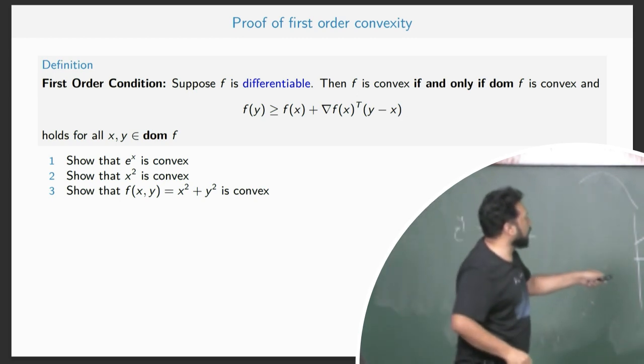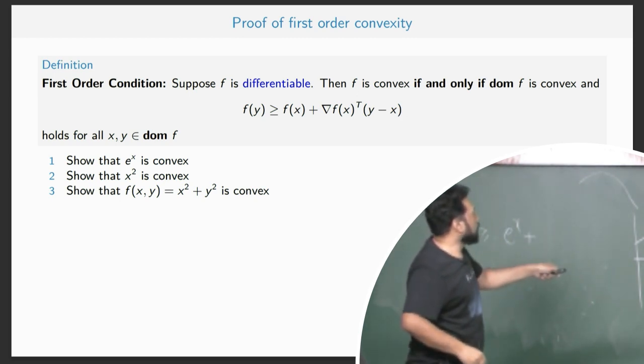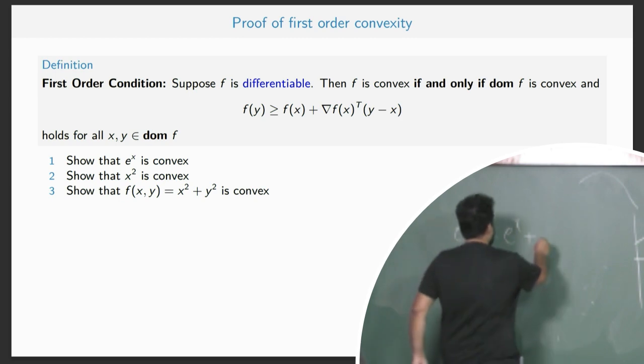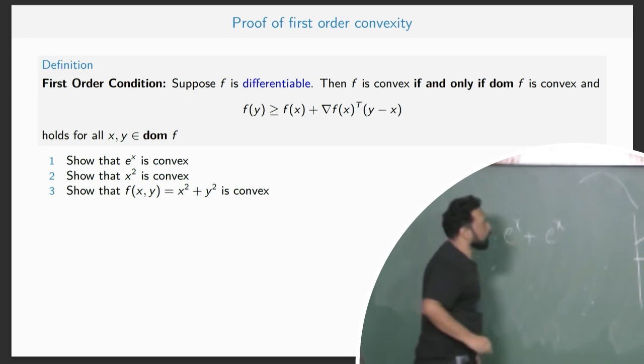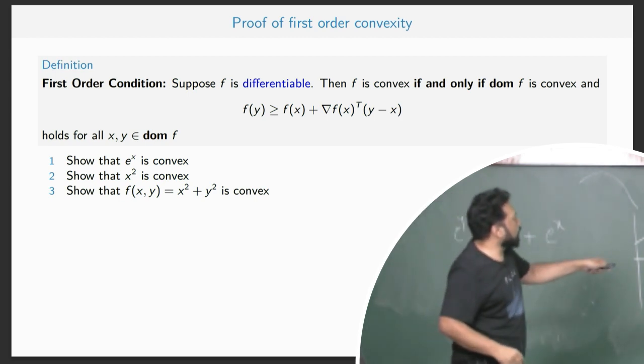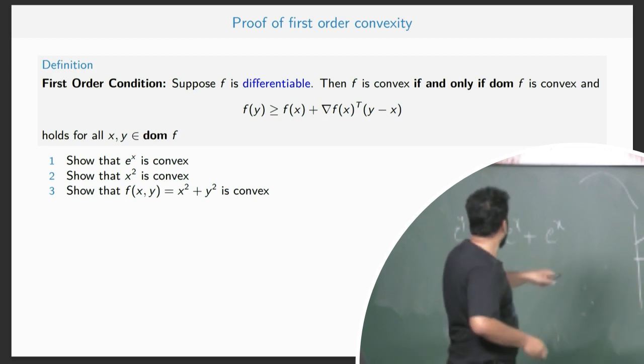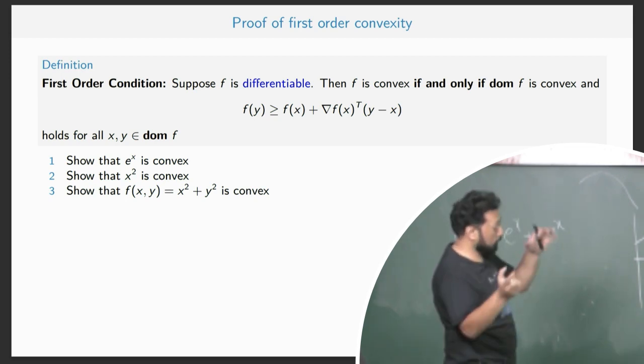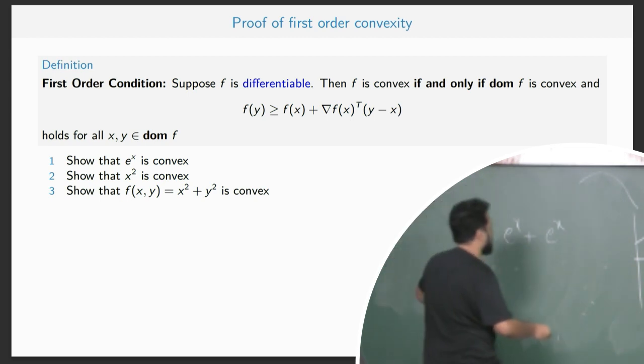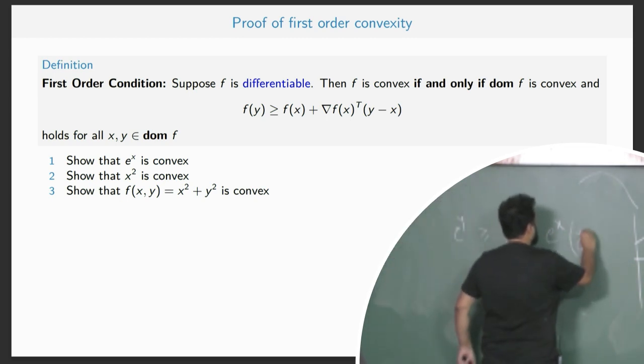In our case this is a scalar function, so it's the derivative, and the derivative of e to the x is e to the x, times y minus x. Sorry, it is y minus x.